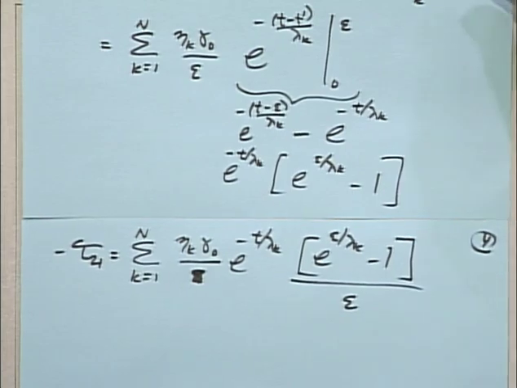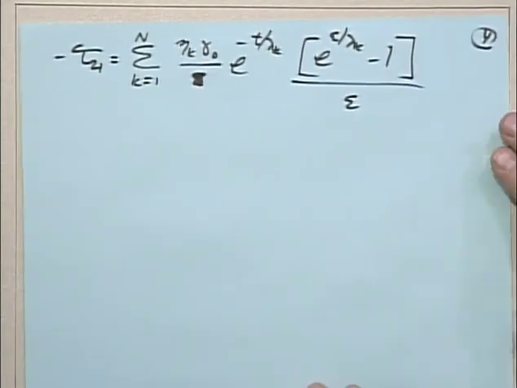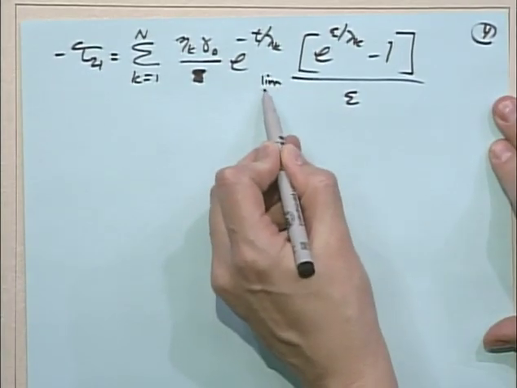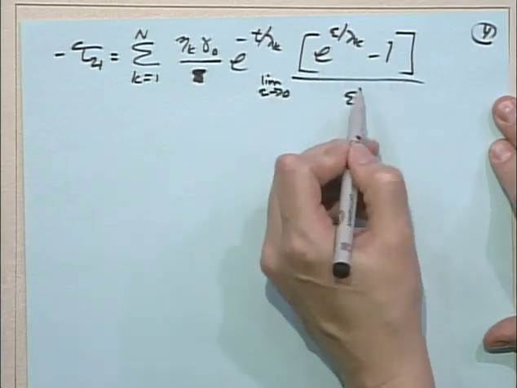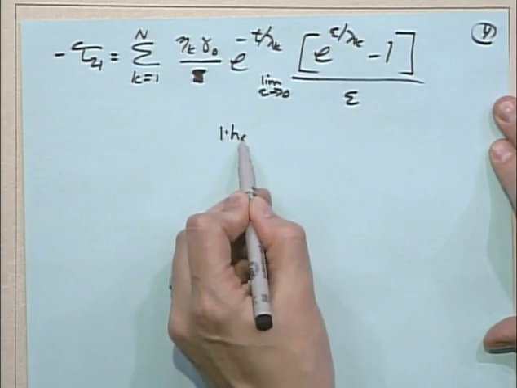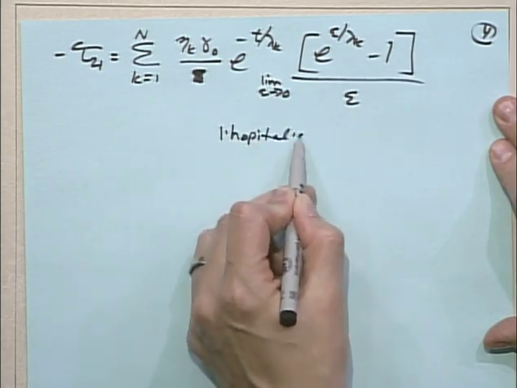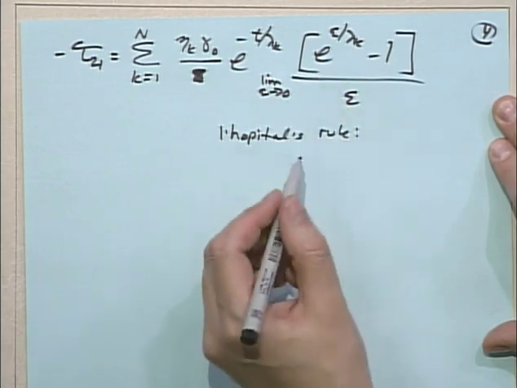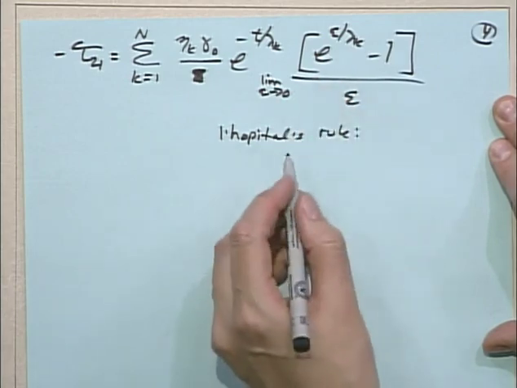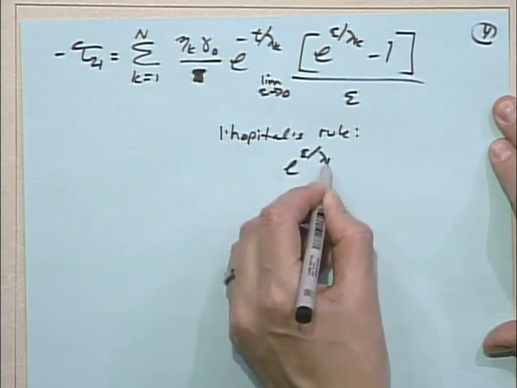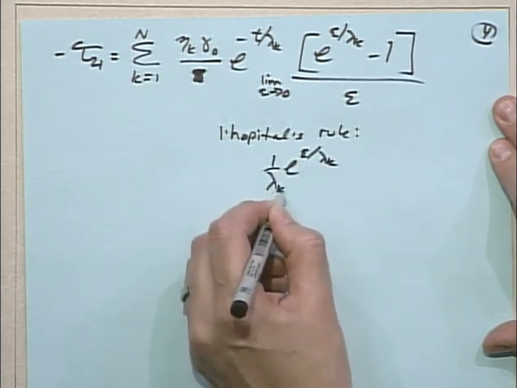So we just were reviewing this. This is exactly the same as the previous one. We're going to take the limit as epsilon goes to 0. The numerator goes to 0. The denominator goes to 0. We need L'Hopital's rule. So take the derivative of the numerator with respect to epsilon, and I get e to the epsilon over lambda times 1 over lambda.